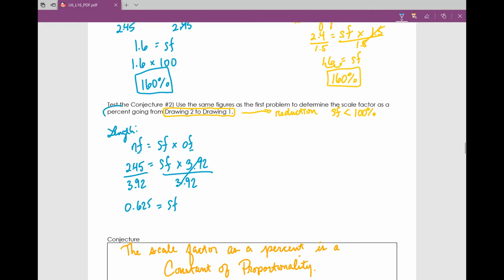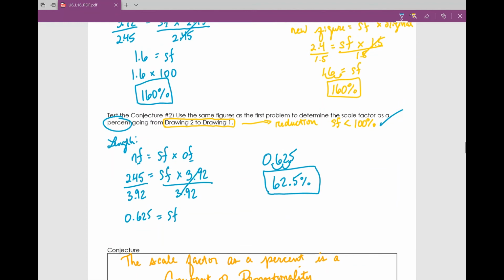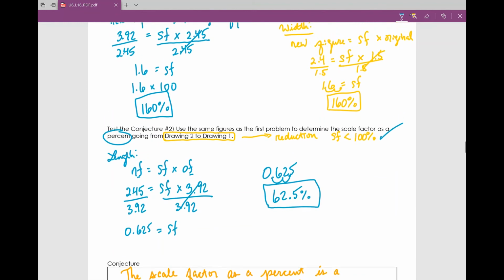If we want it to be a percent, I take the 0.625 and move the decimal point 2 spots, and I get 62.5%. It aligns with what we anticipated. I'm not going to check the other side because from number 1 I know that it's proportional, so I know that I will get the same percentage.